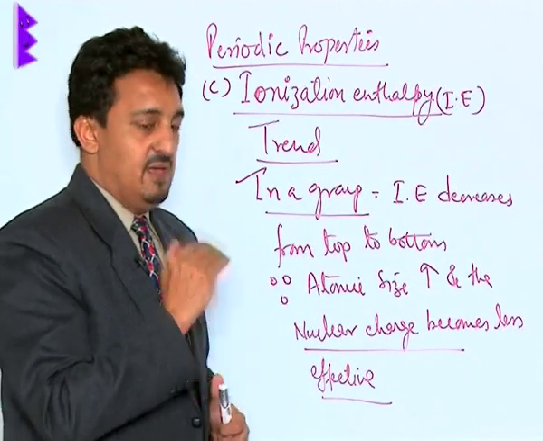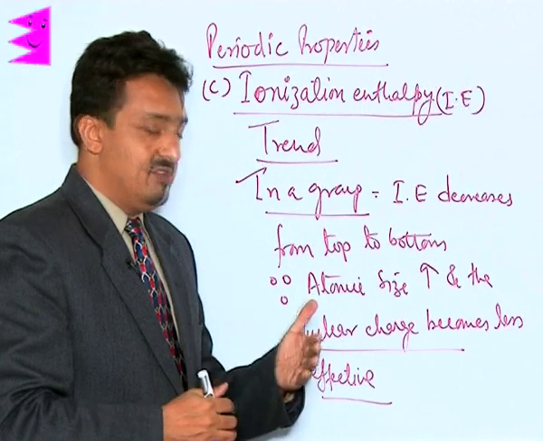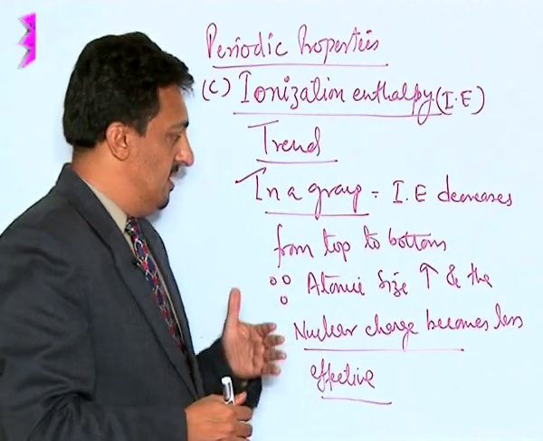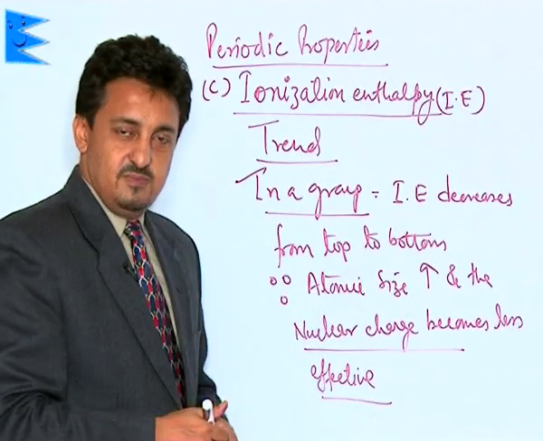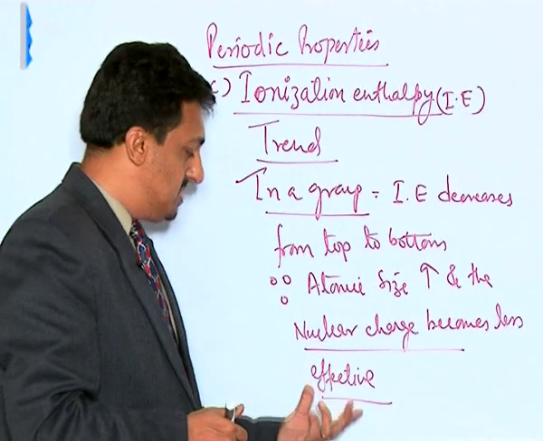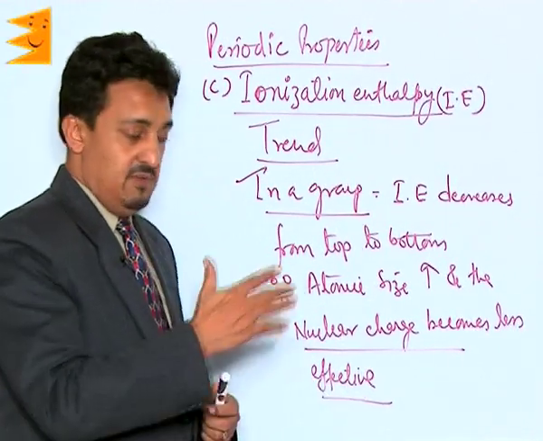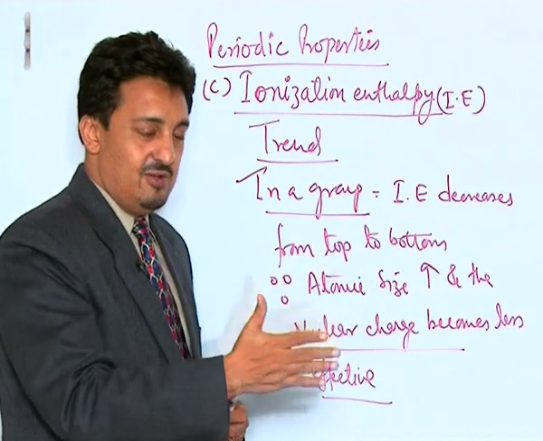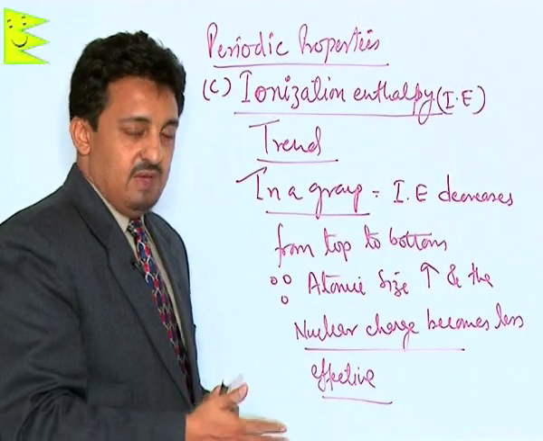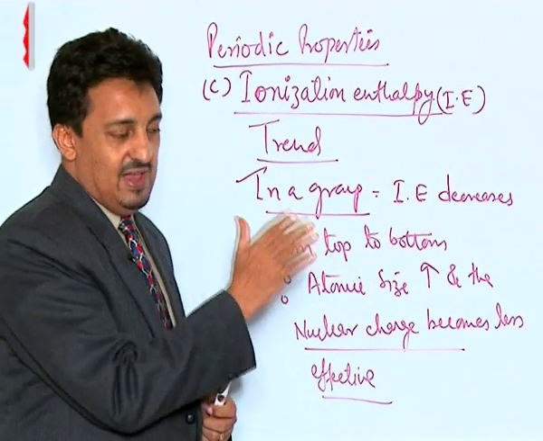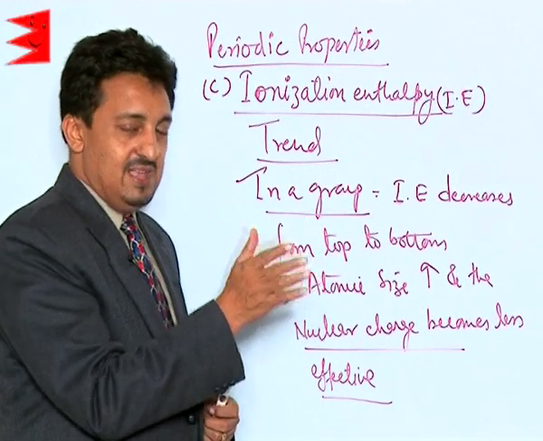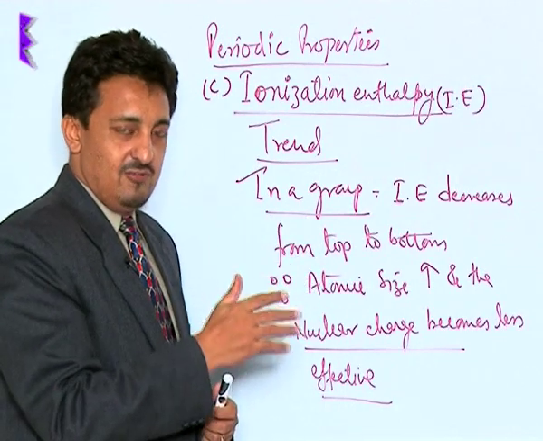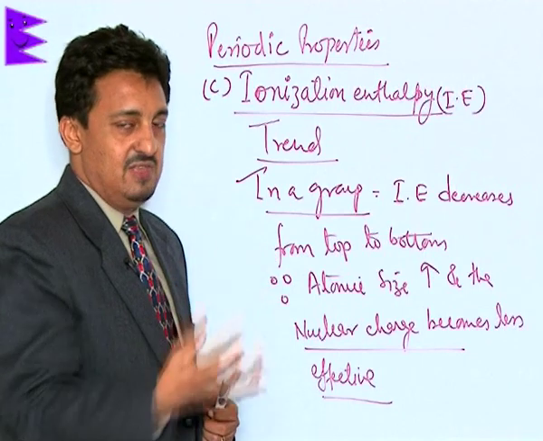But remember, we have exceptions to this statement, because it's not possible to have the screening of the valence electron taking place every time. In the periodic table, the valence electrons are sometimes not screened properly by the inner electrons, so there is a poor screening of the valence electron.